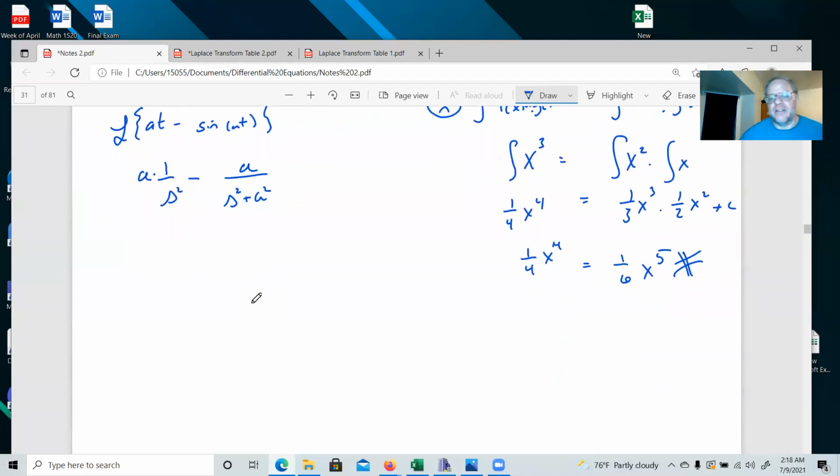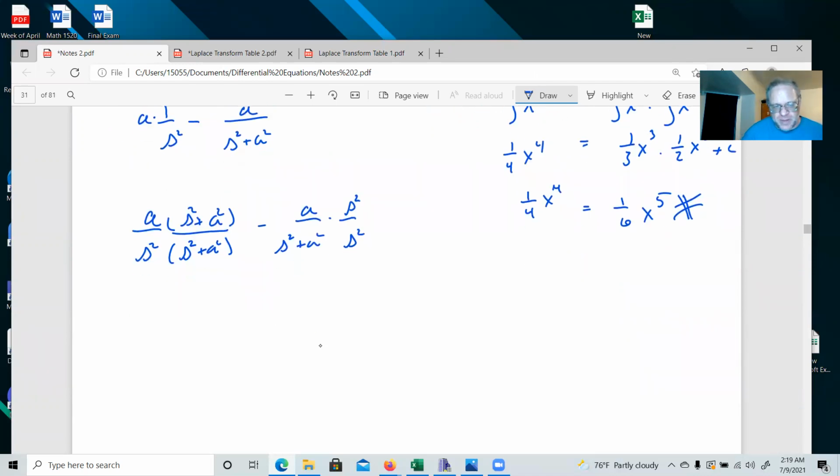All right, so I got two fractions. I got to add them together. Why don't we deal with, not partial fractions, common denominators. So this is a over s squared, and I've got an s squared plus a squared, minus a over s squared plus a squared. And what we're going to do is we're going to say, oh, we need a common denominator. So that's s squared over s squared in this one.